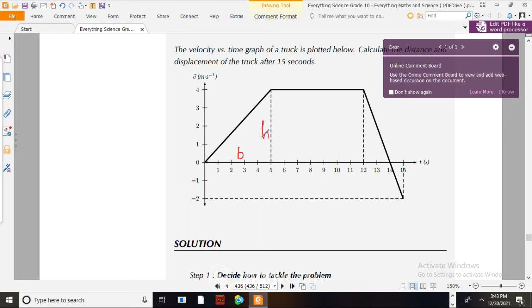Okay, here is the base. Okay, let us continue.